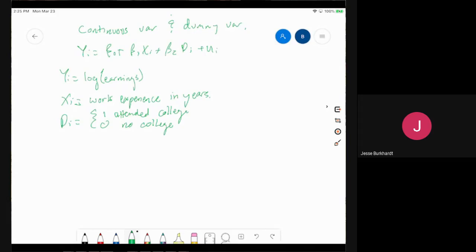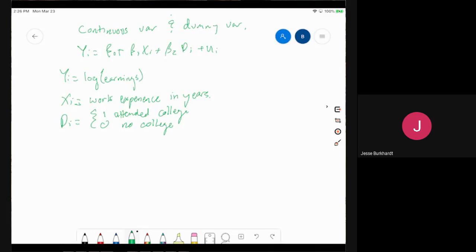If we forget about xi for a moment, when di equals 0, beta 0 is the average of yi. When di equals 1, then we add to the intercept beta 2.